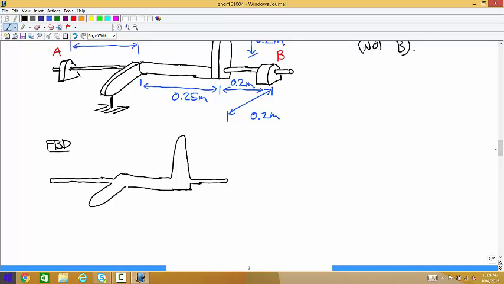It doesn't give any weight, so we're neglecting the weight on this. There's a cable at the front here, so there's a force downward. I'll call that T.